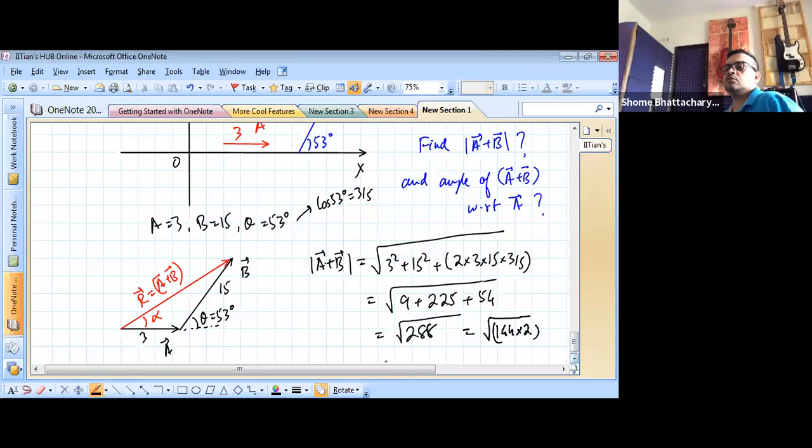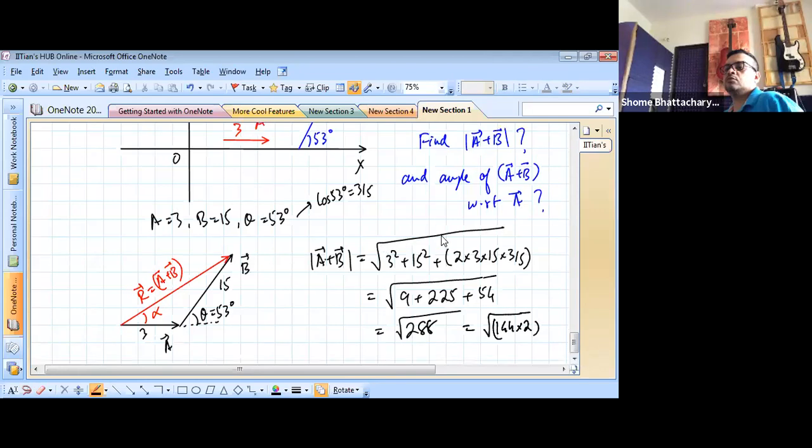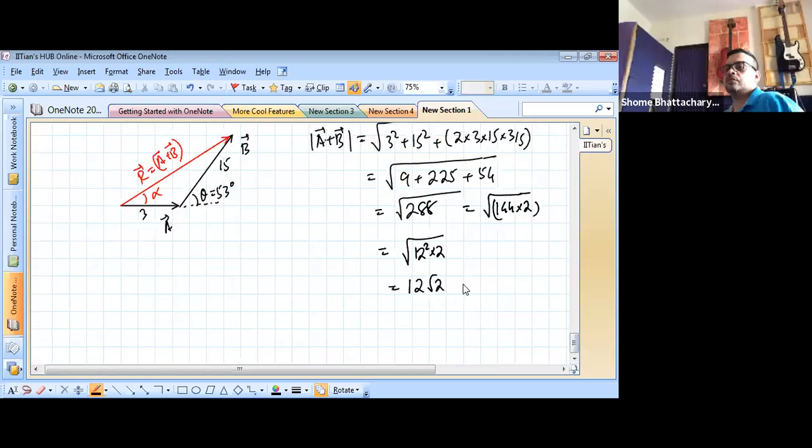You can also say that it is the square root of 12 square into 2, 12 root 2. You can give the answer this way, or you can approximate this as 12 into 1.41.